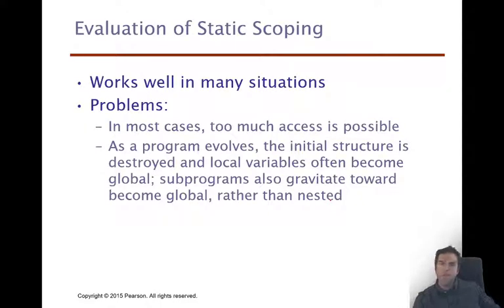Okay. So static scoping, again, is when the scope can be determined before you run the program. The issue with static scoping is that you can access every global variable, and you can access variables from any containing scope.